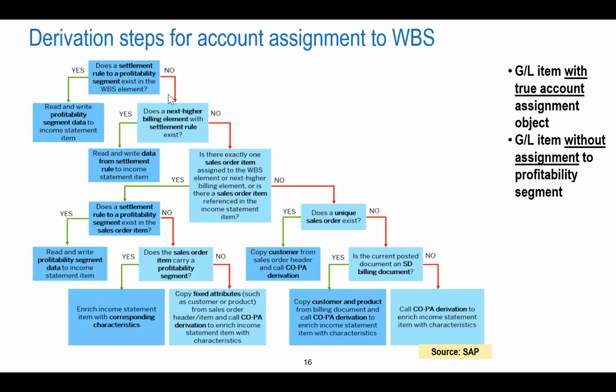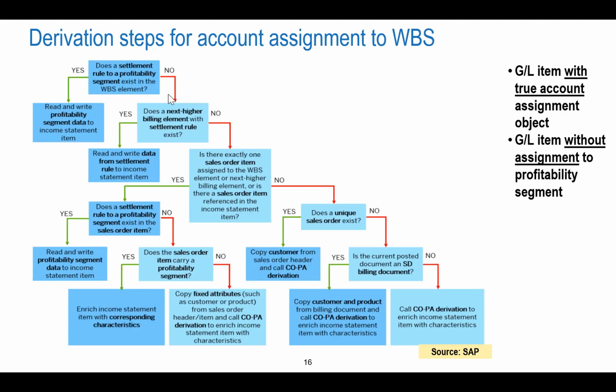So what the system does is, when you post a document, first of all it checks the config to see if attributed profitability segment is enabled. If it is enabled, then it checks whether a settlement rule exists for the profitability segment in the WBS element. If it exists, then it reads the characteristics, persists them to the income statement account, and posts to the document.